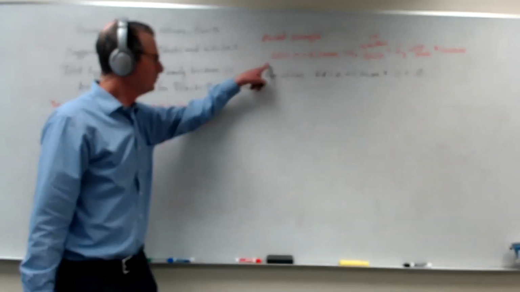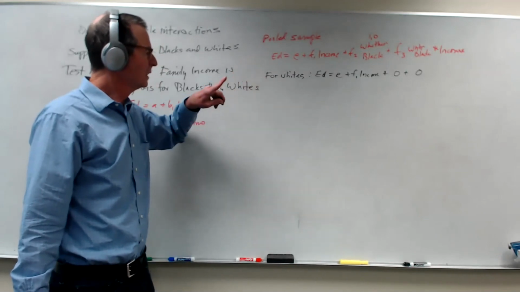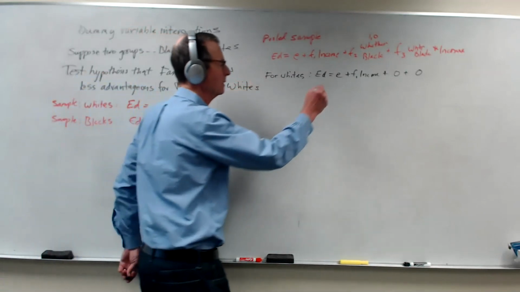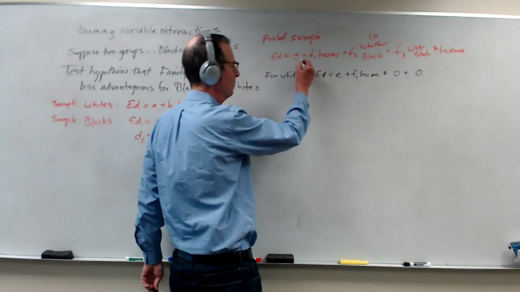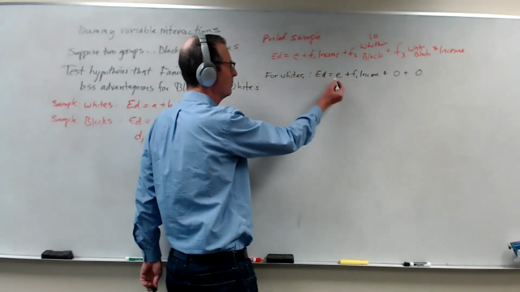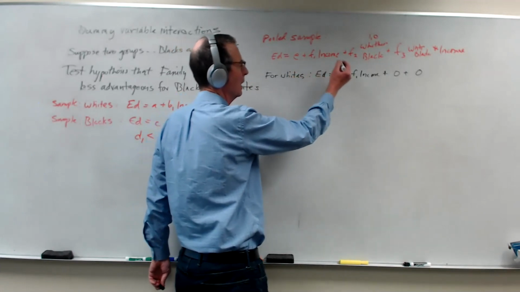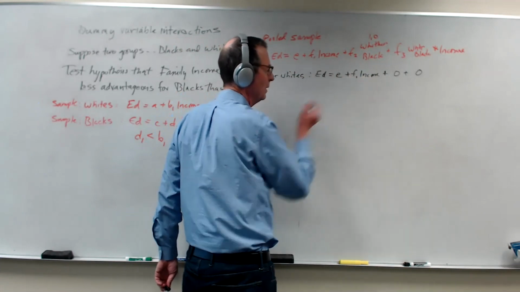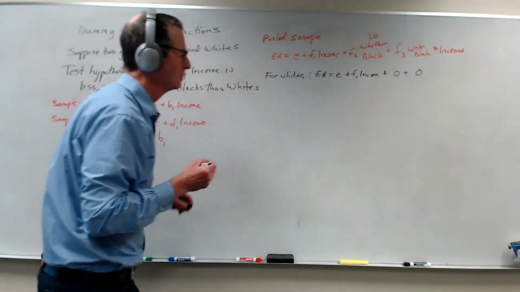So from this pooled sample, E is going to be the constant for whites, and F1 is going to be the income coefficient for whites.